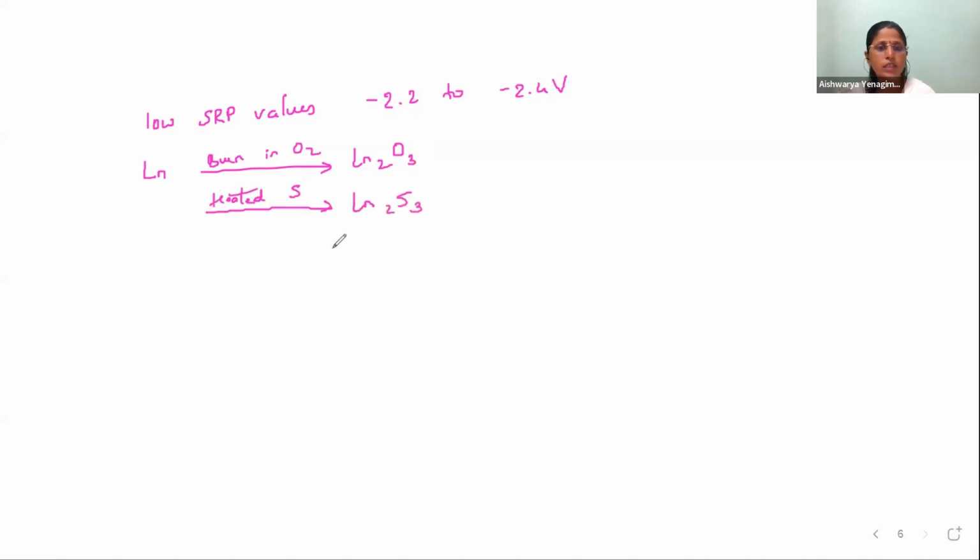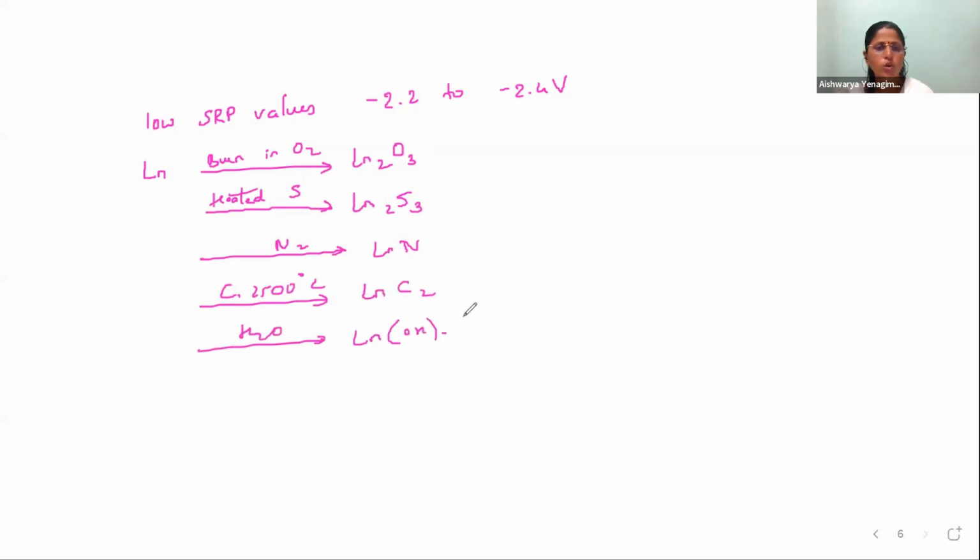When heated with nitrogen, it forms lanthanide nitride. When treated with carbon at 2500 degrees Celsius, it forms LnC2. With water, H2O, it forms hydroxide, Ln(OH)3, plus there is liberation of hydrogen gas.